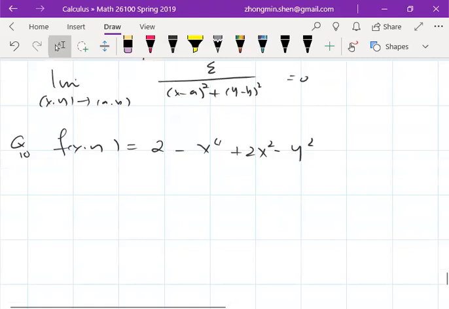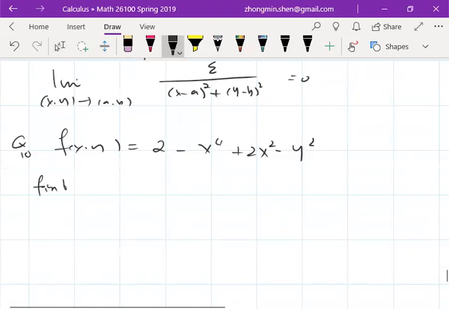Okay, so take a look at this. I want to find the local maximum value and the local minimum value. Okay.